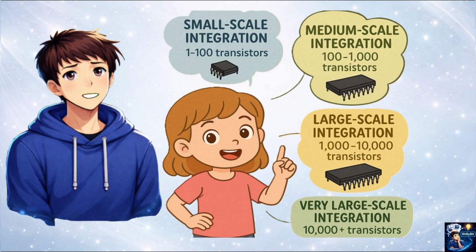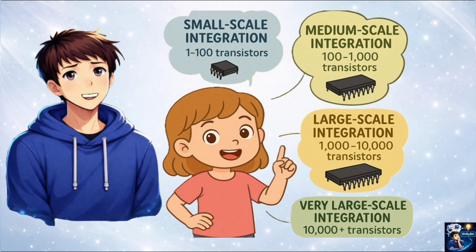Eventually, this evolution reached very large-scale integration, or VLSI, where millions to billions of transistors are integrated onto a single chip. Modern VLSI chips are manufactured using technology nodes measured in nanometers, such as 28 nanometers, 14 nanometers, 7 nanometers, and even smaller. Today, the industry is moving beyond nanometers into what is often called the angstrom era.